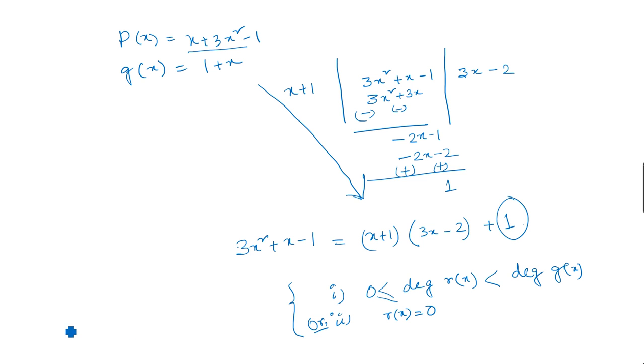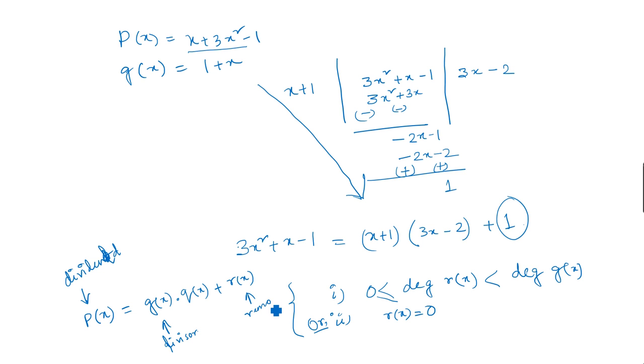So P(x), which is the dividend, equals G(x), which is the divisor, into Q(x), the quotient, plus R(x), the remainder.